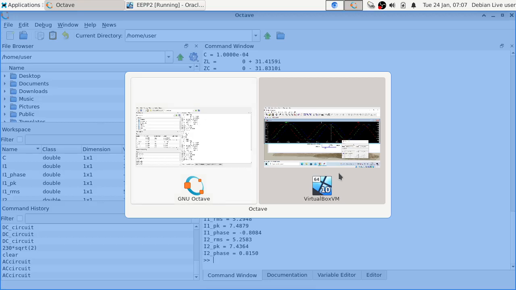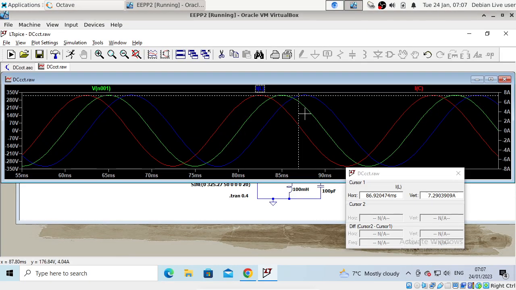Just before ending the video, let's just have a look back again at these waveforms here. So one way of thinking about why the inductor and capacitor values have this opposite behavior in terms of their phase is, in order for the capacitor to build up its voltage, current needs to flow into it in order to create the voltage difference between the plates, because they need to be charged up.